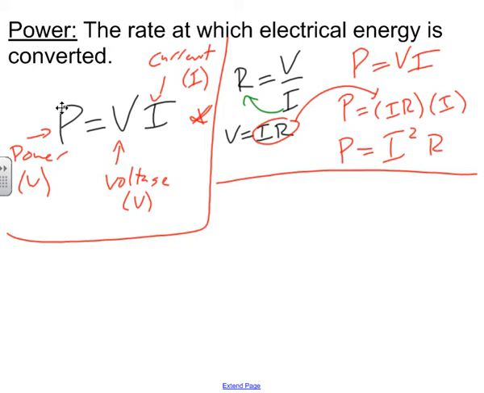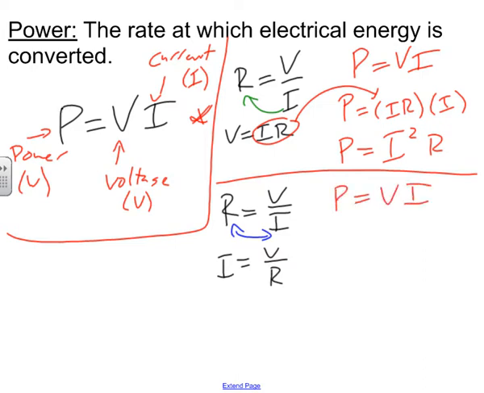Another way we could do this, put that formula back up here, resistance is equal to voltage over current. What if we instead swapped places? So now current is equal to voltage over resistance. We know that power is equal to voltage times current, so let's take this idea right here and plug it into our equation.